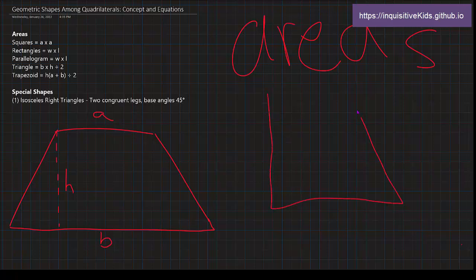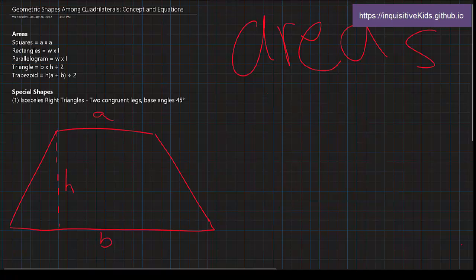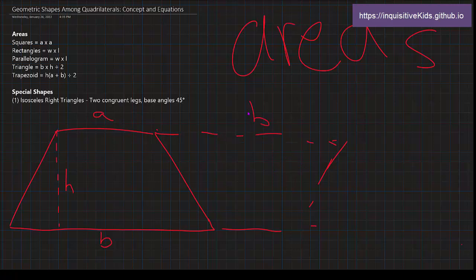For example, trapezoids could also look like this. So then what would you do? Here's what you can do. You can first duplicate this, and then take the duplicate and turn it upside down until it fits like that. So this part would be B, this part would be A, and this part would be H. Again, this is a parallelogram, as you can see.